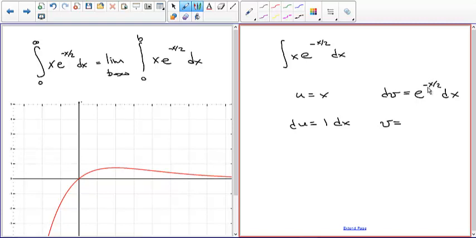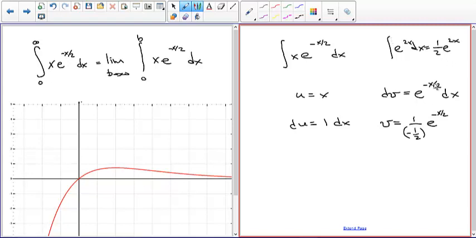You multiply by the exponent, or the derivative of the exponent, when you differentiate, to reflect the chain rule. So what I'm going to do is divide by negative 1/2. So that's the u substitution part. And then I would have the same function. So that's the answer when you integrate that. So remember, the integral of e to the 2x dx is equal to 1/2 e to the 2x.